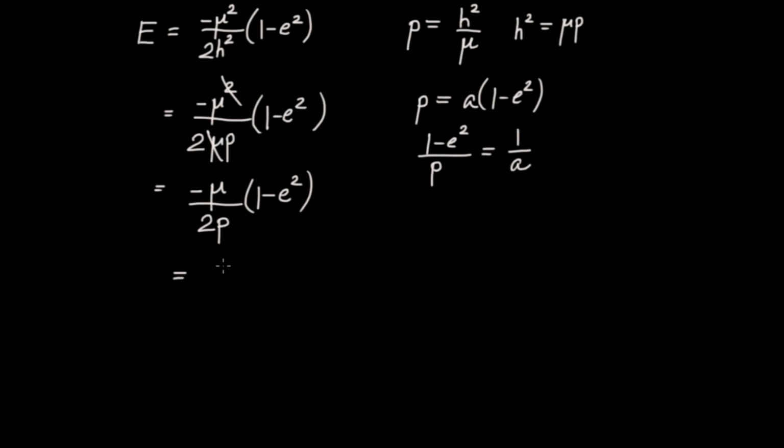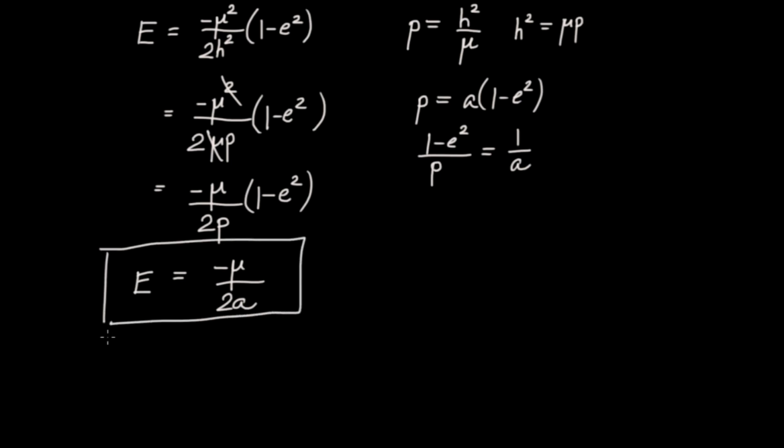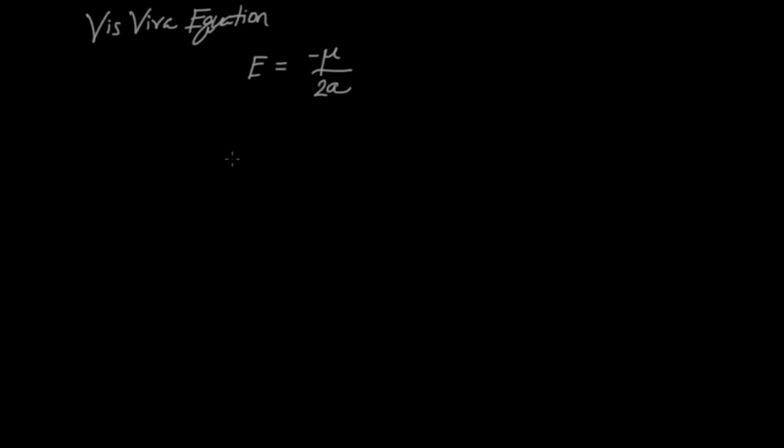And finally, I get that this is equal to minus mu over 2 times a. That's still equal to the total energy. So this is another pretty nice equation, saying that the total energy is minus the gravitational parameter over 2 times the semi-major axis.